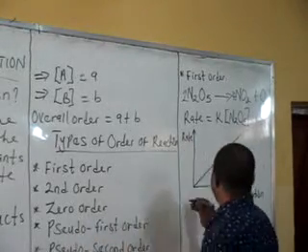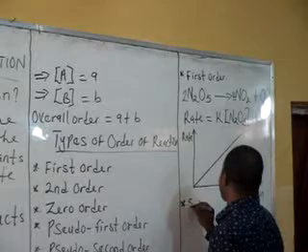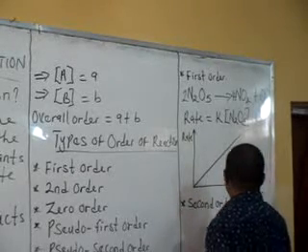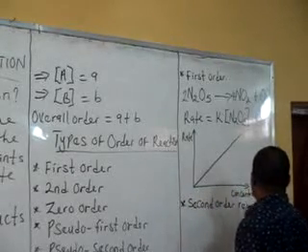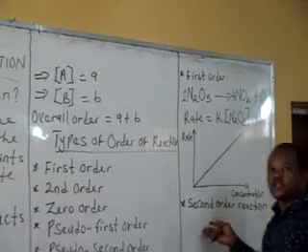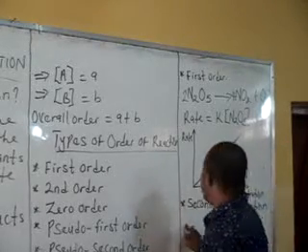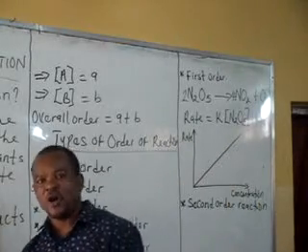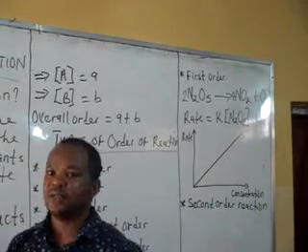Then we have the second order reaction. This is obtained when the rate of reaction depends on the square of the concentration of the reactant.